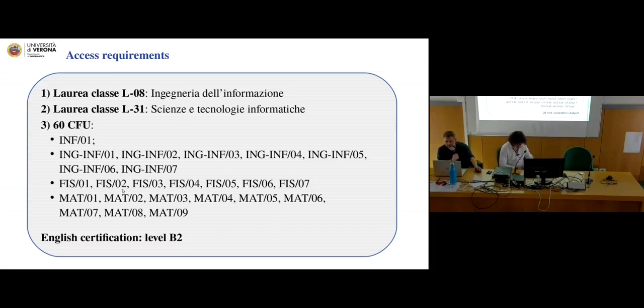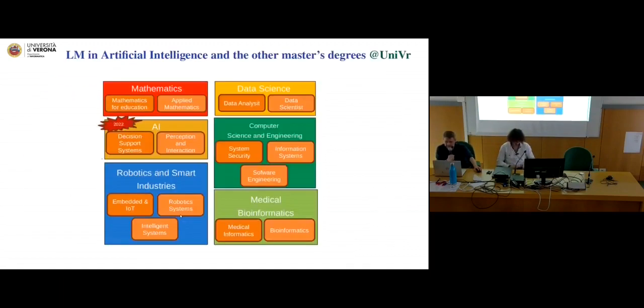Of course, the focus of the course is quite strongly related to computer science, so you need at least some background in some of these topics and sectors. And then the English certification of level B2.